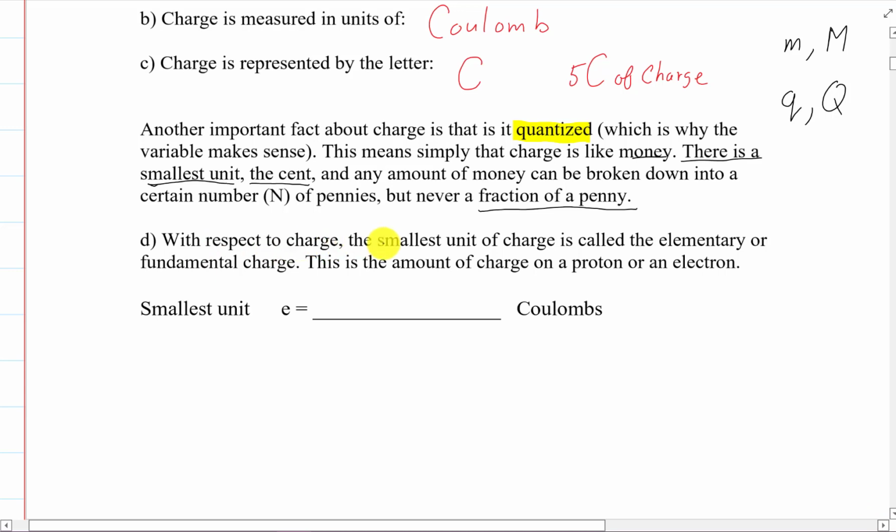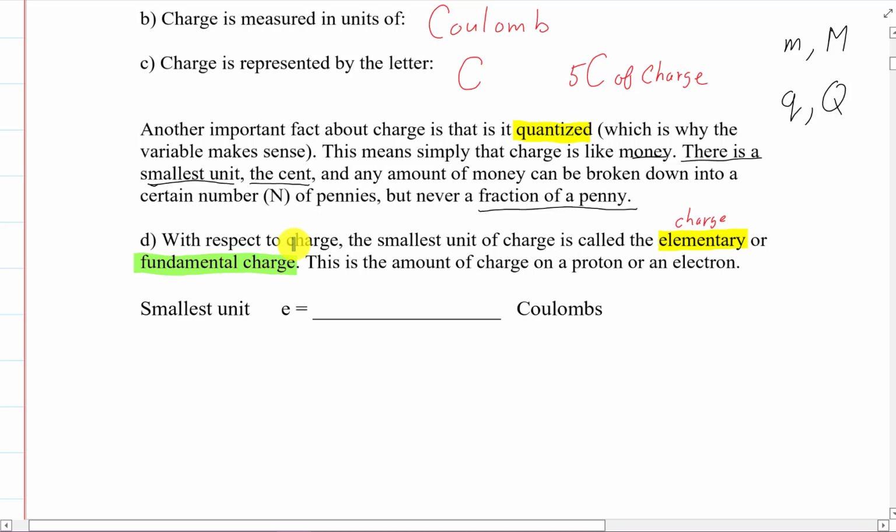Well, the same thing is true with charge. There is a smallest unit of charge, and that's called the elementary charge. It's also sometimes referred to as the fundamental charge.